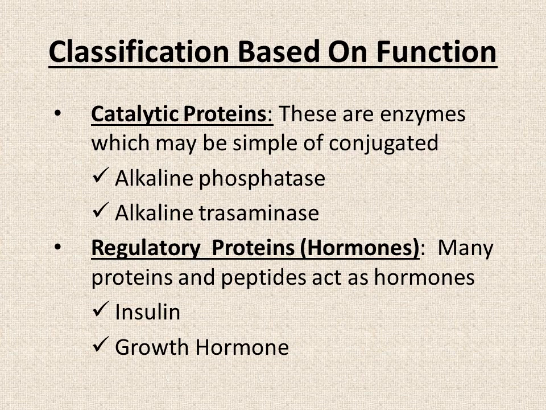So those proteins which act as hormones are categorized as regulatory proteins, and you can give any example. I have chosen insulin and growth hormone. In addition, there are also other types of hormones which are proteins in nature, or they are peptides. You can give their example as well.